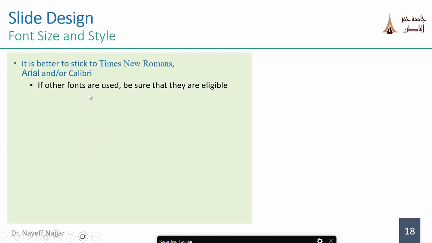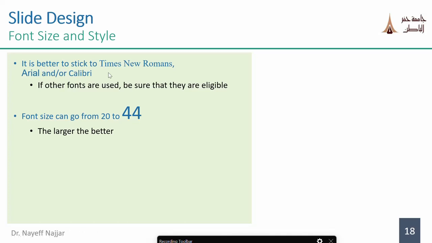For the font size and style, you can go anywhere from 20 to 44. The larger you go, the better your slide is. And your title should be in a bigger font than your text. There are several fonts to choose from in PowerPoint.